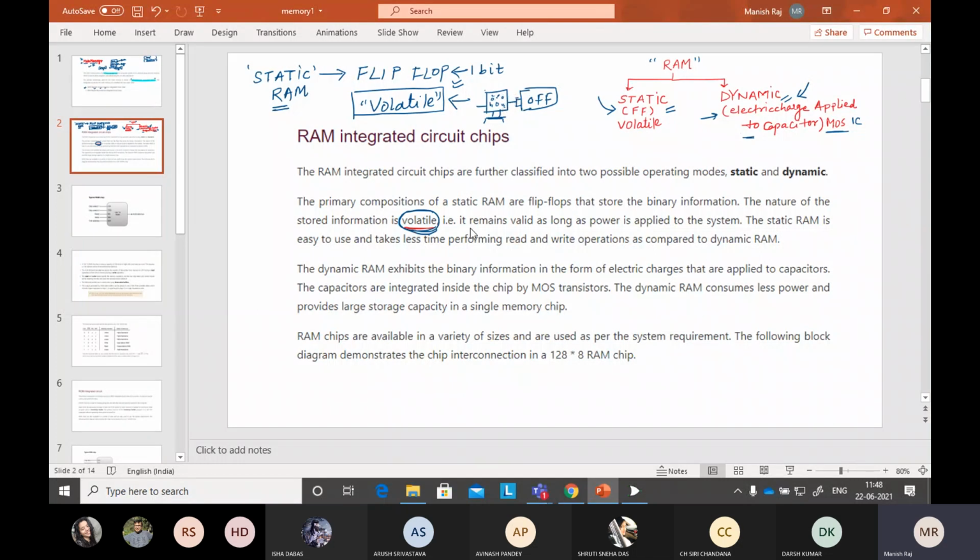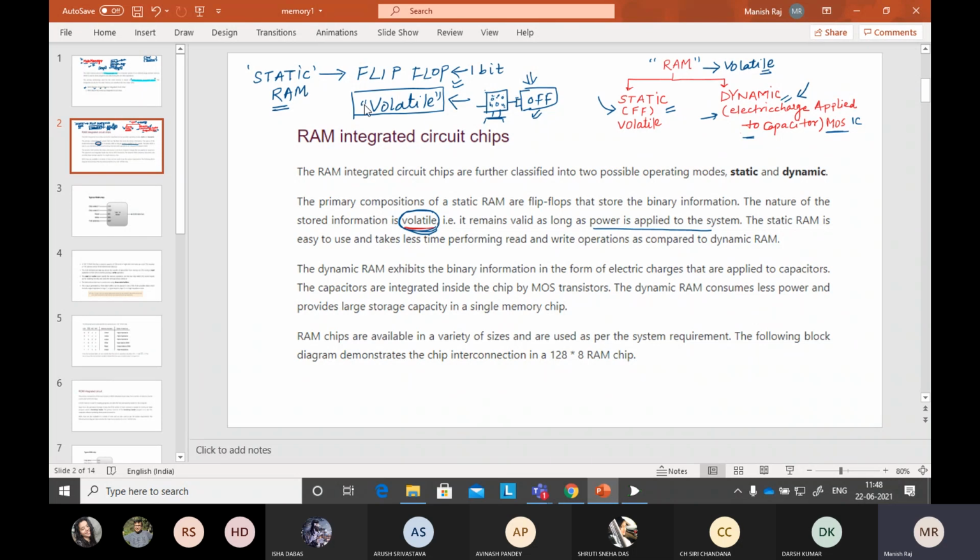So it is written here, the RAM is the volatile memory. It remains valid as long as the power is applied to the system. If you switch off the system, all the memory goes down, and you can't use that memory at that particular time.